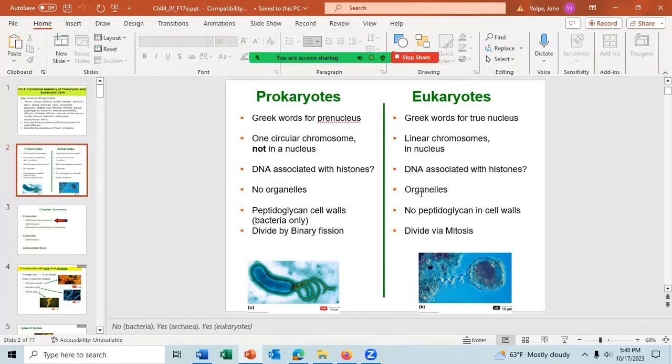There are membrane-bound organelles in the eukaryote cell, such as the Golgi complex, the mitochondria, the chloroplast. And don't forget that one of the other membrane-bound organelles is actually the nucleus. It is a membrane-bound organelle. Usually I just use the word organelle when I mean membrane-bound organelle.